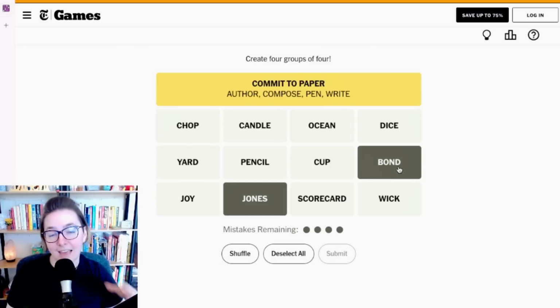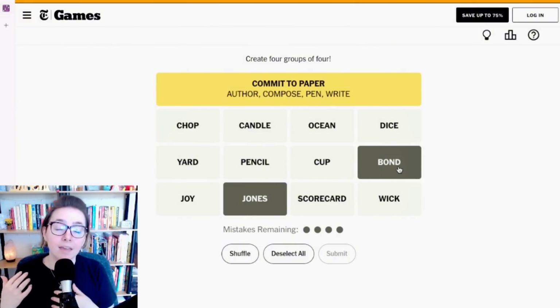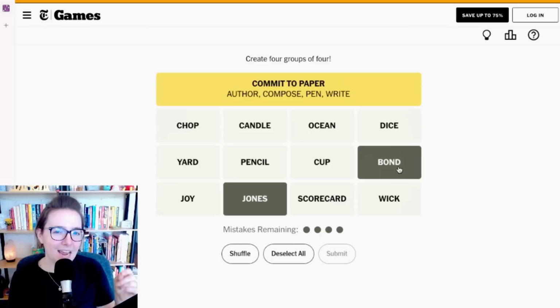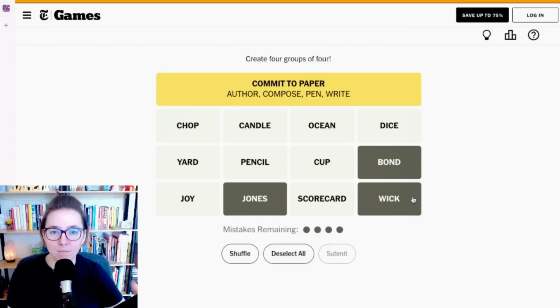Bond can be a name, but Bond can also be a thing. It can also be a verb. So it has multiple meanings, but it can also be a name. It's the last name of a very popular action character, movie character, James Bond. Wick can be multiple things.